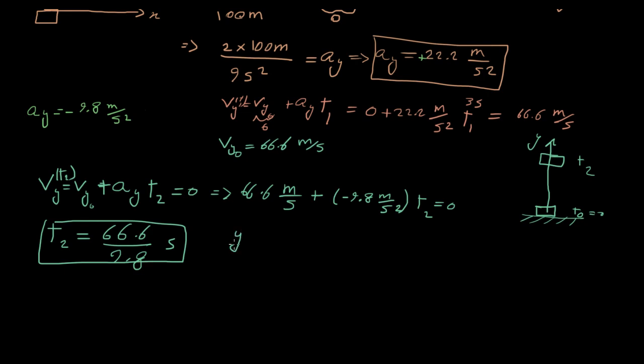Now let's say y equals y naught plus vy naught t2 plus half ay t2 square. I want y at time t2, which means I want this distance, the maximum height.